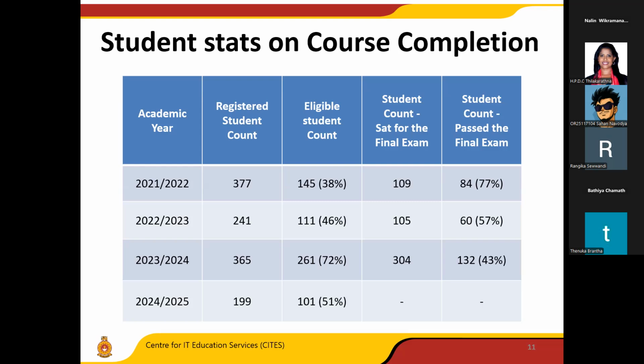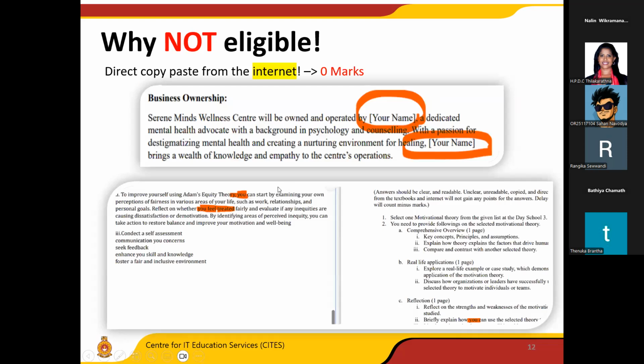Regarding the eligibility percentage, we have identified several reasons why some students do not become eligible. First, some students directly copy and paste from the internet.